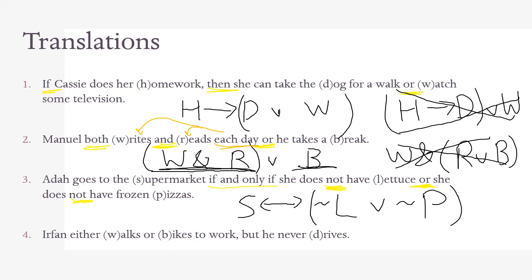That's what that sentence is saying, and that seems to capture it better than the alternative version that we looked at prior, which was to just say Ada will go to the supermarket if and only if she's out of lettuce or she doesn't have frozen pizzas. Those two don't seem to be related in the same way that the sentence is trying to convey. So the way in which we represent it here seems to make the most sense. S, double arrow, and put the parentheses, and then not L or not P, not having lettuce or not having frozen pizzas.